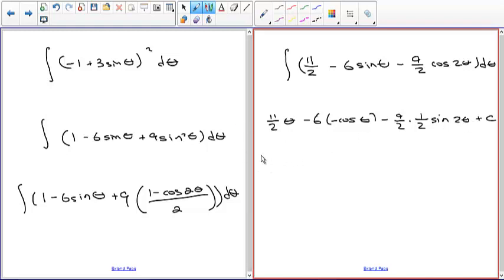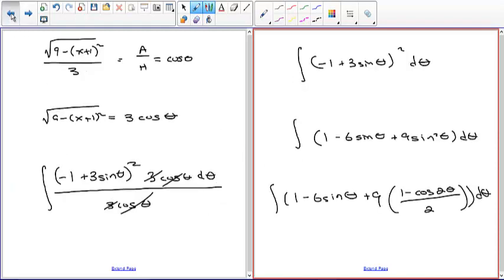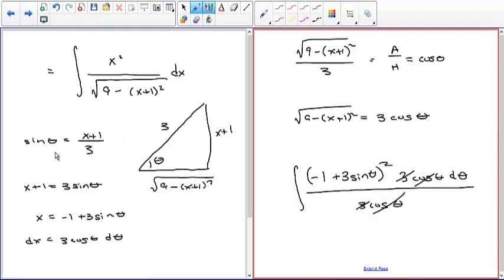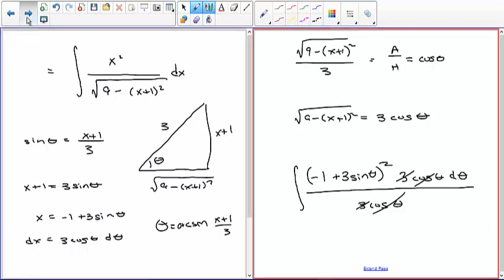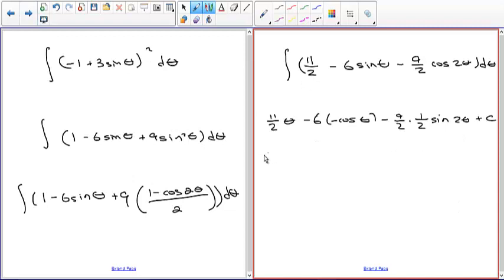Okay, now remember when you have just theta by itself, you go back here and you look at what the original substitution was. So we're going to take the inverse sine or the arc sine to find theta. So theta is equal to the arc sine of x plus 1 over 3. So let's substitute that in. So this is going to be 11 halves the arc sine of x plus 1 over 3.